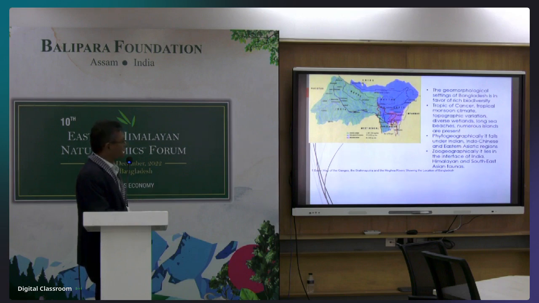This region is influenced by monsoon climate, and there are many water bodies. Phytogeographically, this region includes several settings, including China, India, Myanmar, and is a highly diverse region. In addition to plants, there are many different species of animals present in this region.